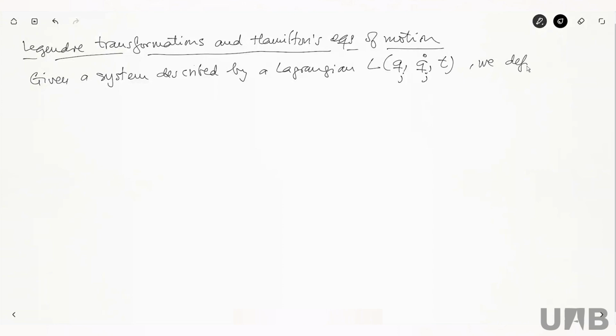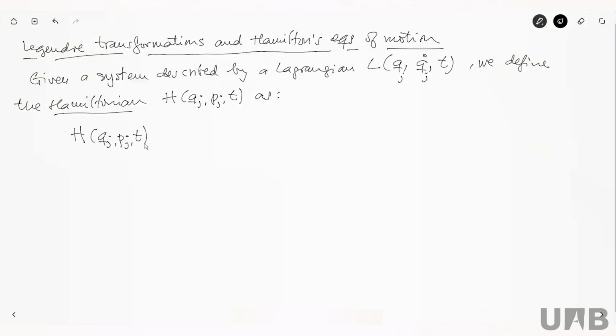We define the Hamiltonian H of q j, p j, and t as the Hamiltonian function of q j, p j, and t equals the sum from j equals 1 up to n, all of them, of p j q dot j minus the Lagrangian of q j, q dot j, and t.